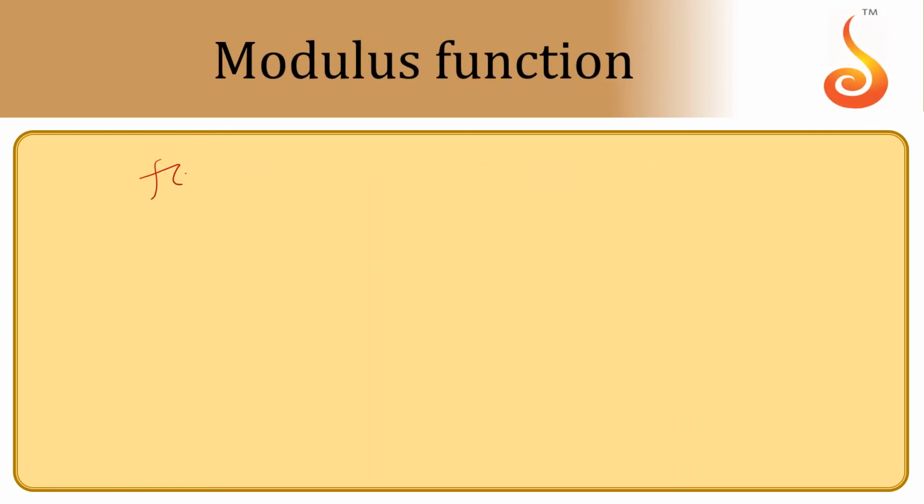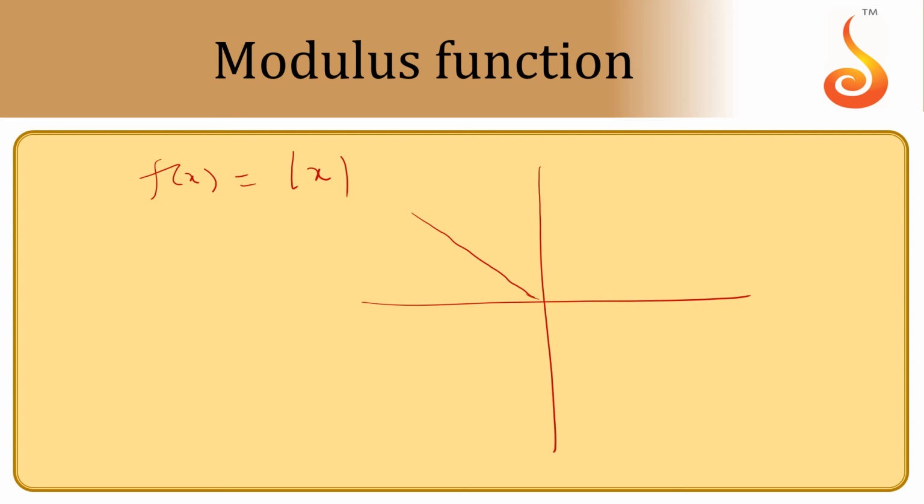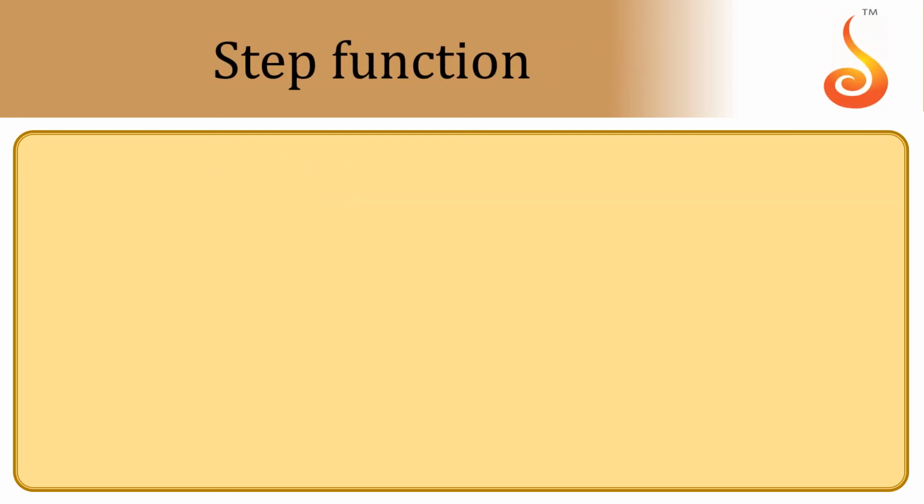And you know that there are some special functions, modulus function, whose graph will be like this. Step function, also called greatest integer function. So at 1 it jumps, at 2 again it jumps.